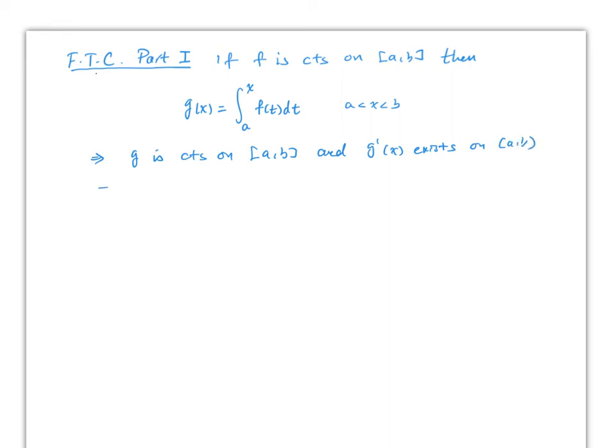But more importantly, that also means that g prime is technically just equal to f of x. Or in other words, the derivative cancels the integral.